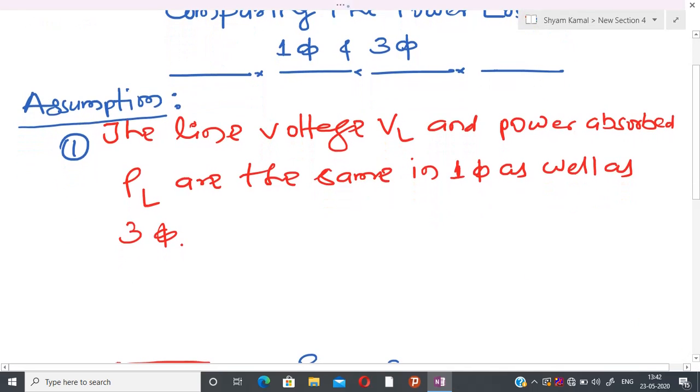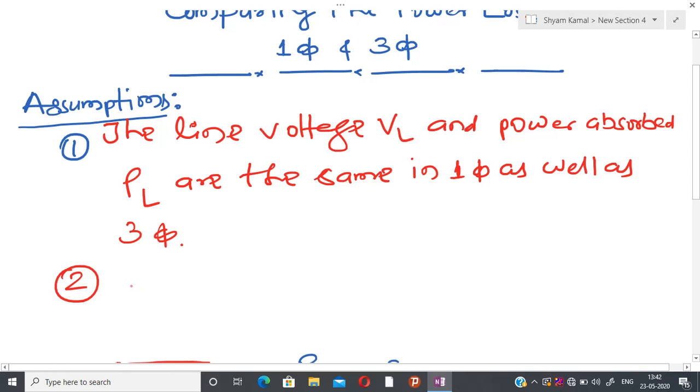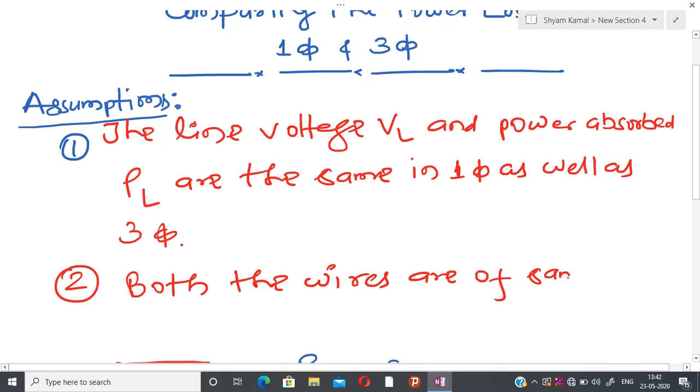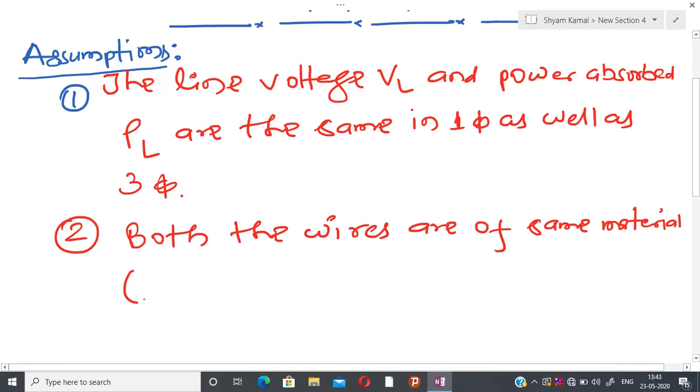After that, I am going to make several more assumptions. The second assumption is that both the wires are of the same material, and whenever we are talking about the material, then obviously resistivity of the wire is going to be involved.